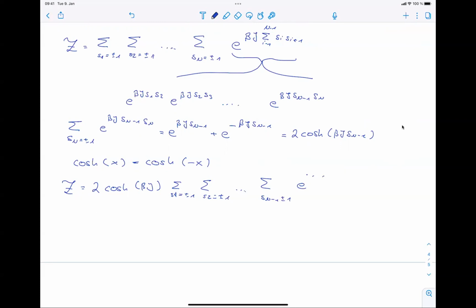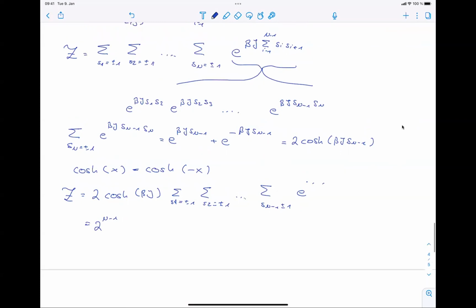And obviously if I do the same summation for S(n minus 1), I get the same contribution, namely twice cosh beta J. And so in the end, we readily see that we have n minus 1 terms of exactly that contribution, up to summing over S1 equal plus 1 minus 1, because the last term is already taken care of by summing over S2.